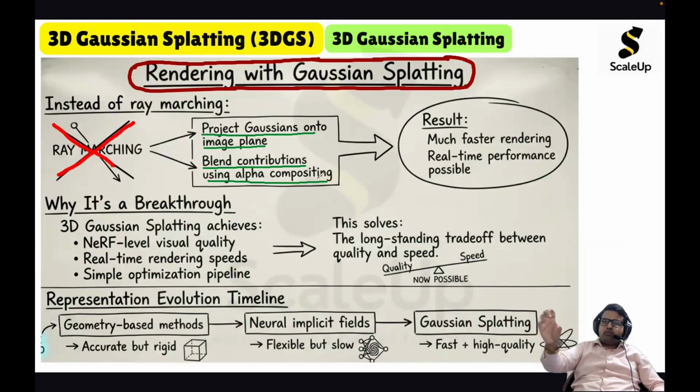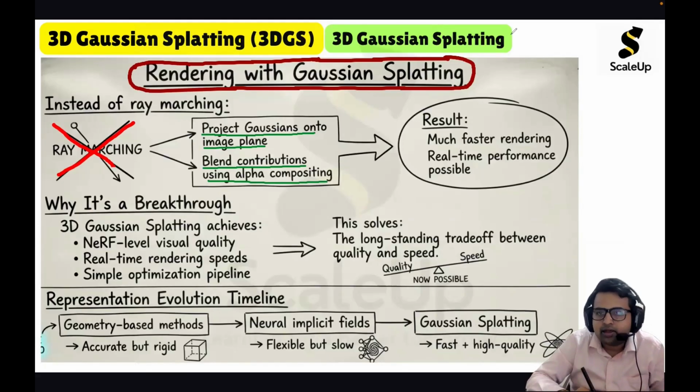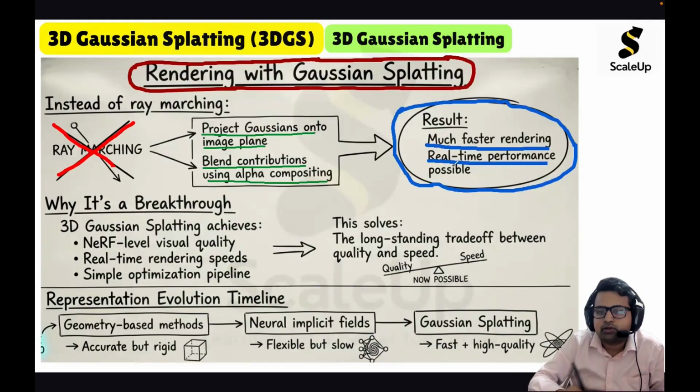We'll project Gaussians onto the image plane. No need for us to query the neural network because the information is there with us. Then we'll blend the contributions using alpha compositing. And hence the result is very clear. It is a very fast technique, much faster rendering, and real-time performance is possible.